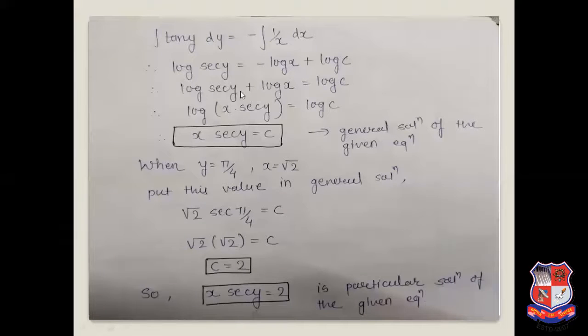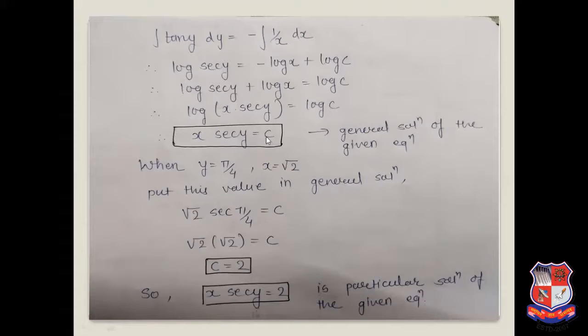So we write log sec y plus log x equals log c. Here we apply the logarithm property, so we can write log (x into sec y) equals log c. From this we get the general solution: x sec y equals c.